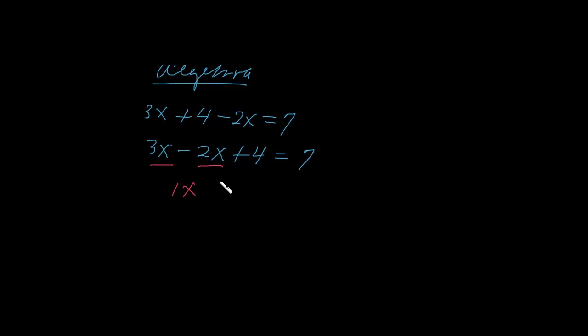You don't need to write the 1, but 1x plus 4 is equal to 7. Then your next step would be to subtract the 4 from both sides. Take away 4, take away 4, and finally your answer is x equals 3.